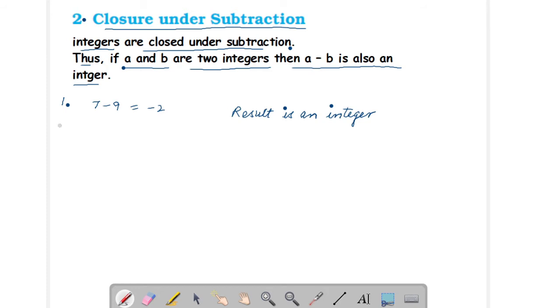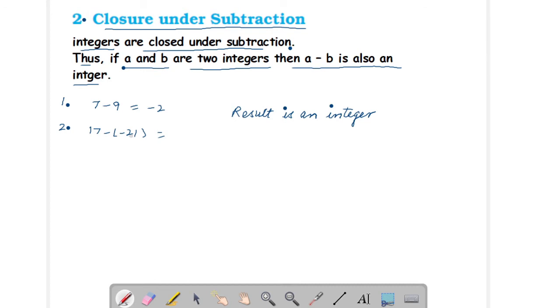Let us take second example. Second example, it is 17 minus minus 21. What will you get? Here if you open this bracket, minus minus will be plus.